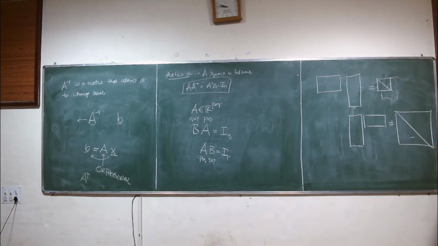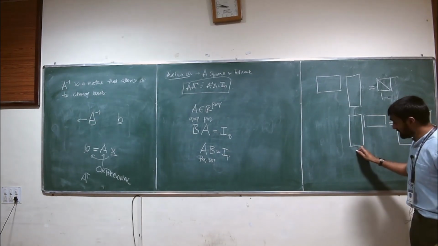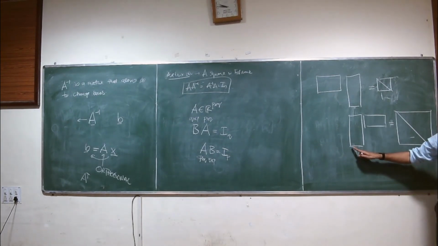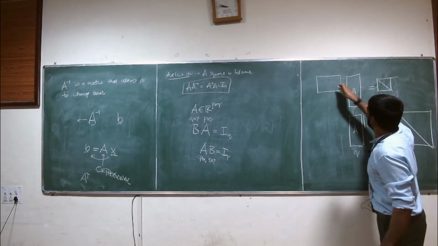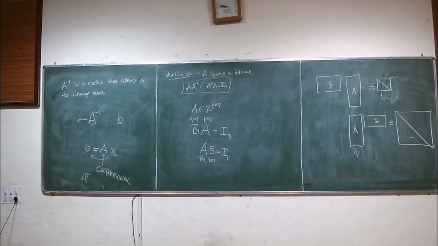Let's talk about this. It's full rank, right? That means the rank of the matrix is Q. So what is the dimension of the column space of this matrix A? This is A. What is the dimension of the column space of A? Q, right? It's the number of elements in the basis.